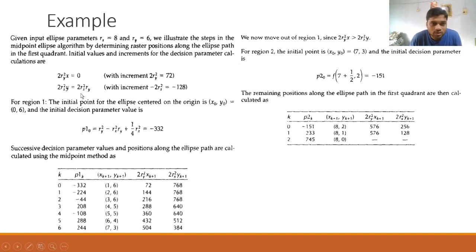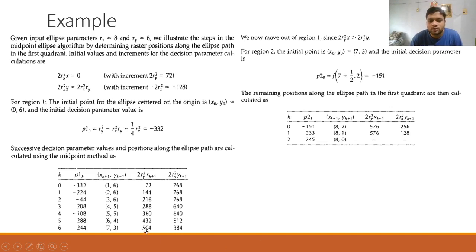In all previous 6 iterations, as you can see, this column value is less than this value, and the moment we entered the 7th iteration, the value is 504 and this value is 384, so we move out of the region the moment 2 ry square x becomes greater than 2 rx square y.